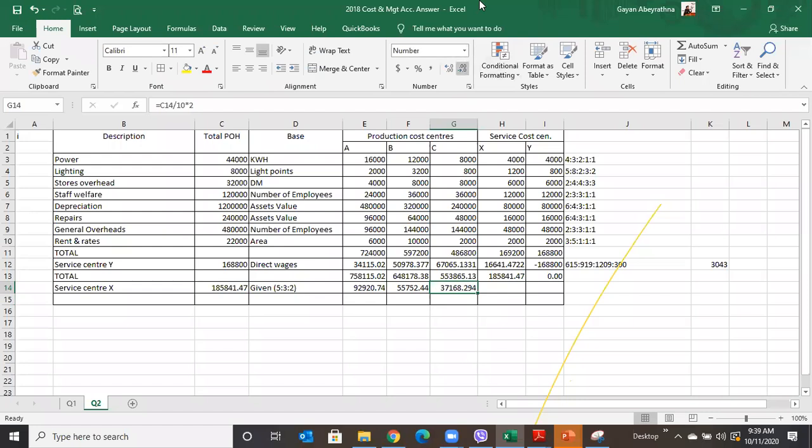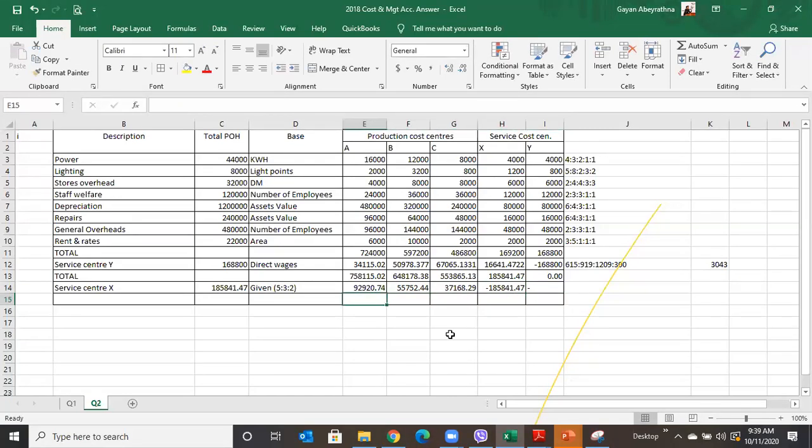Let's reduce decimals. And here minus 185,841.2. Here we are not having anything.